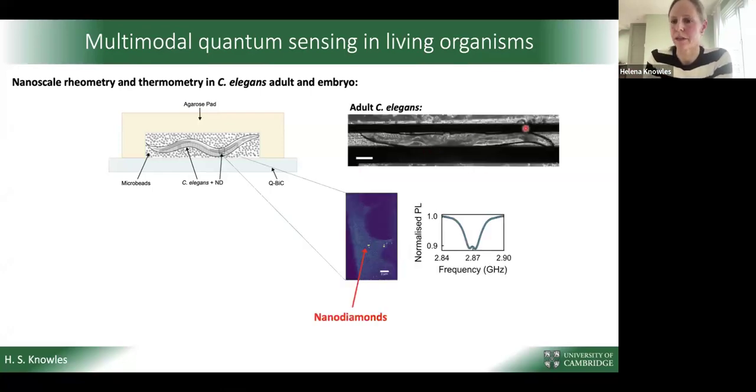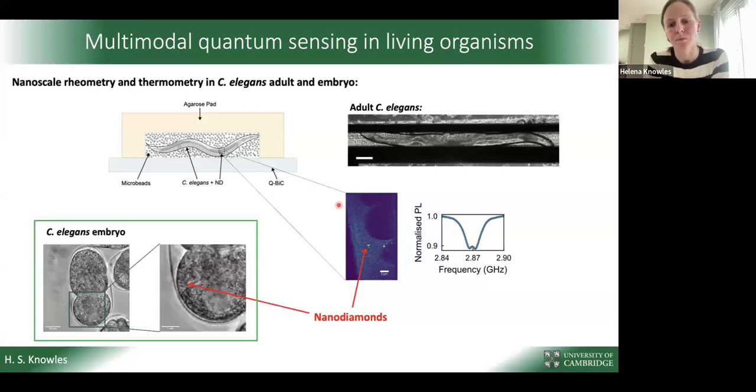And this is what it looks like under an optical microscope, and we can resolve it in our confocal microscope, and through nano injection techniques and a very skilled hand, you can introduce diamond nanocrystals inside a worm. And so we're able to do the same kind of thermometry in a living worm.